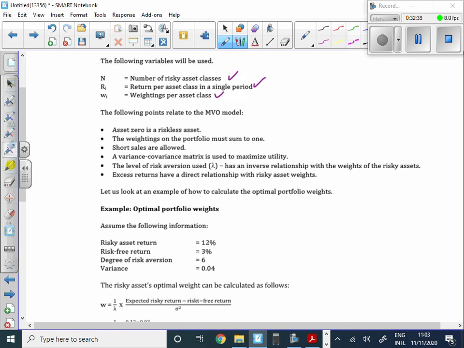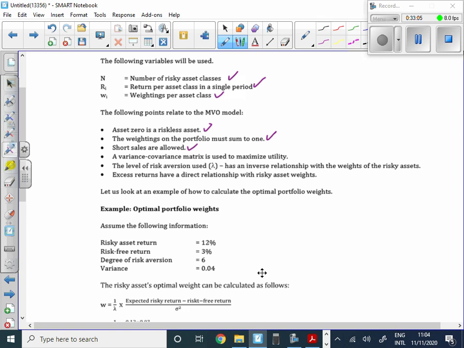Always remember the MVO model was a model that came through from traditional modern portfolio theory and traditional investing. We always there work with the risk-free or the riskless asset. Of course, we know, guys, my weightings sum to 1. Short sales are allowed. Remember, this is sounding a little bit CAPM-ish.